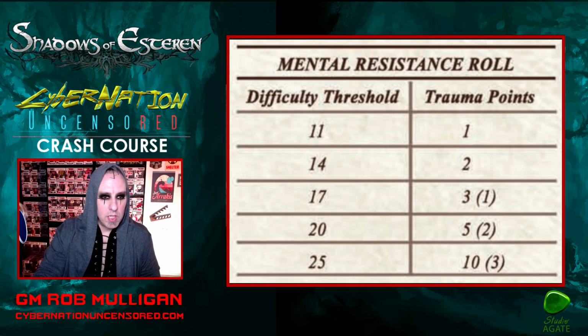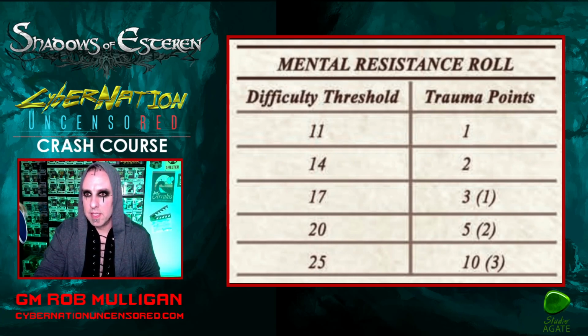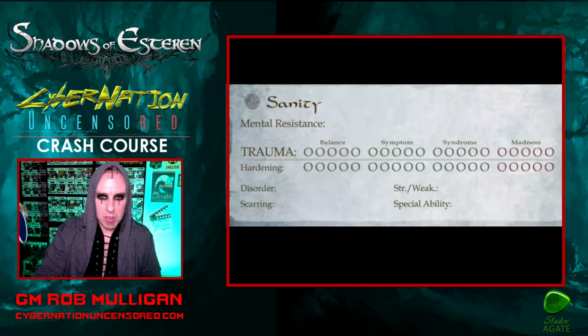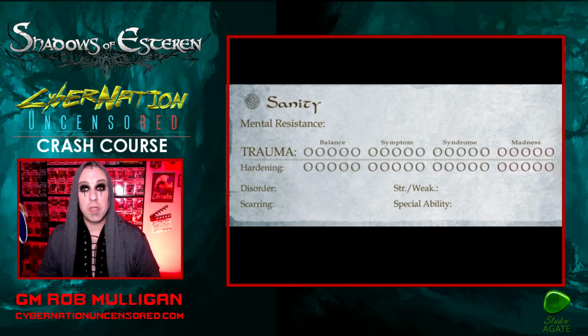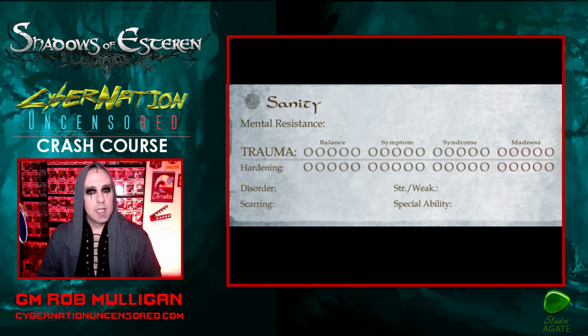Let's go over the mental disorders chart, because there's another level to this once you start filling things up. Let me first remind you of the 4 sections: balance, symptom, syndrome, and madness, right? So once you start getting into symptoms, syndrome, and madness, you have to start role-playing into your disorder, the disorder that you set during character creation.